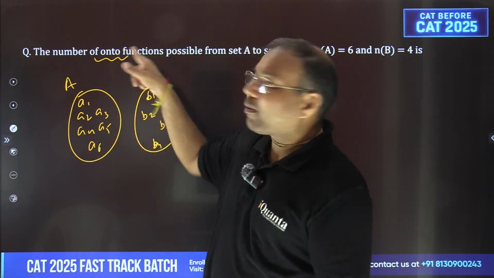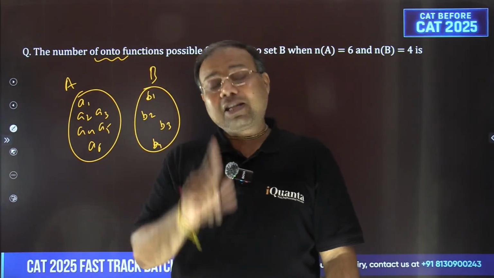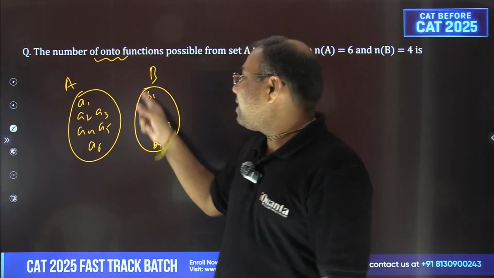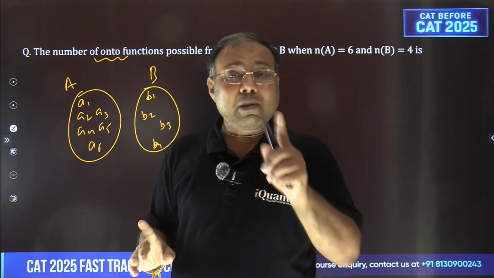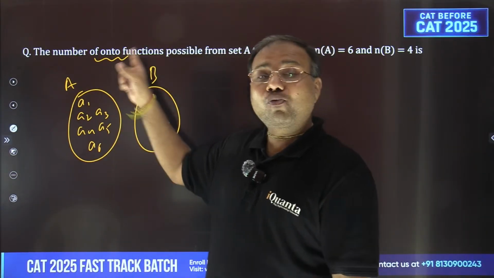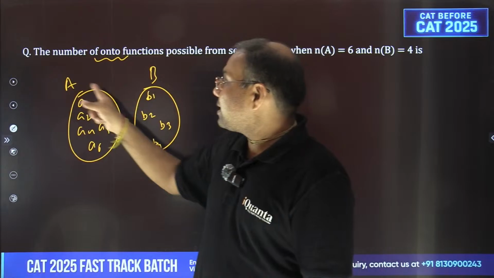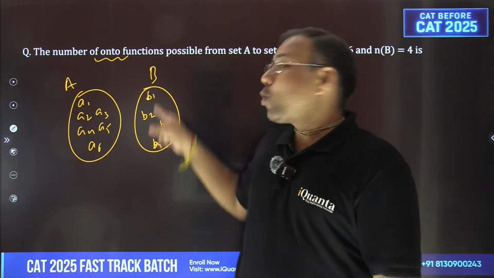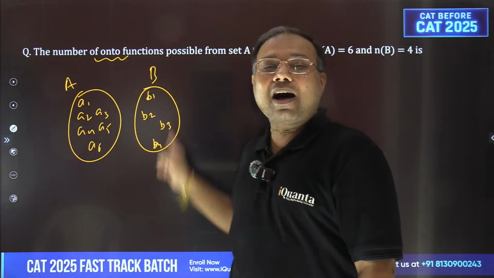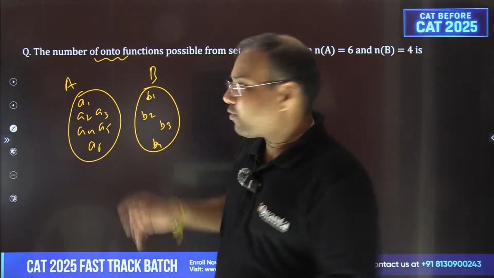But when I am talking about onto function, now condition is that no element in set B can be unconnected. I repeat, when I'm talking about onto function, it means these all elements capture this entire set B. No element of set B is unconnected, right? Let me write like this.